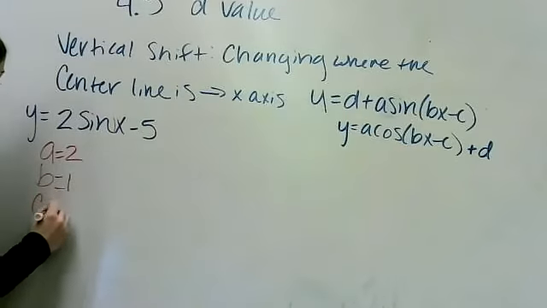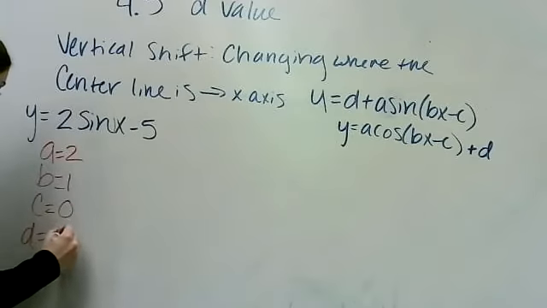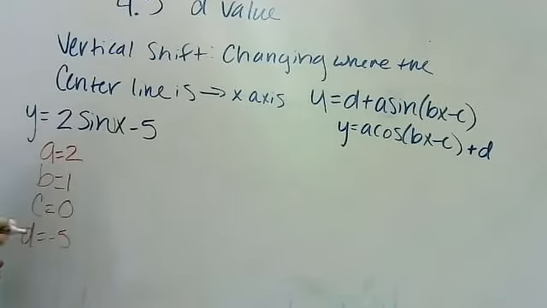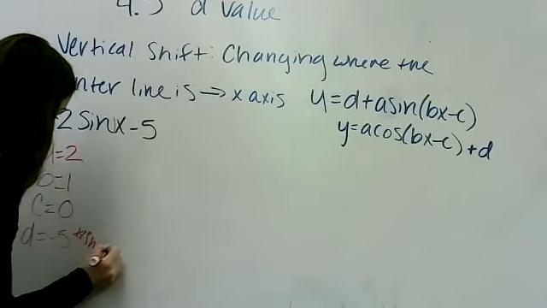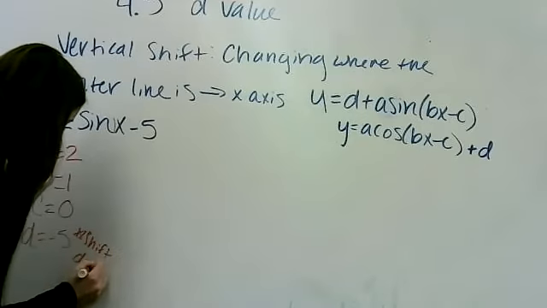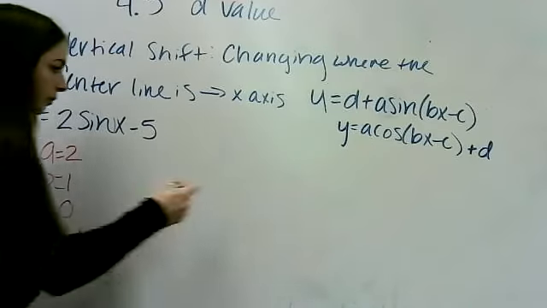So since there's no C value, that C value is actually just 0, because we're adding on nothing. And then D is a -5. So this -5 means that we are going to shift down 5. Again, a negative means we're shifting down.